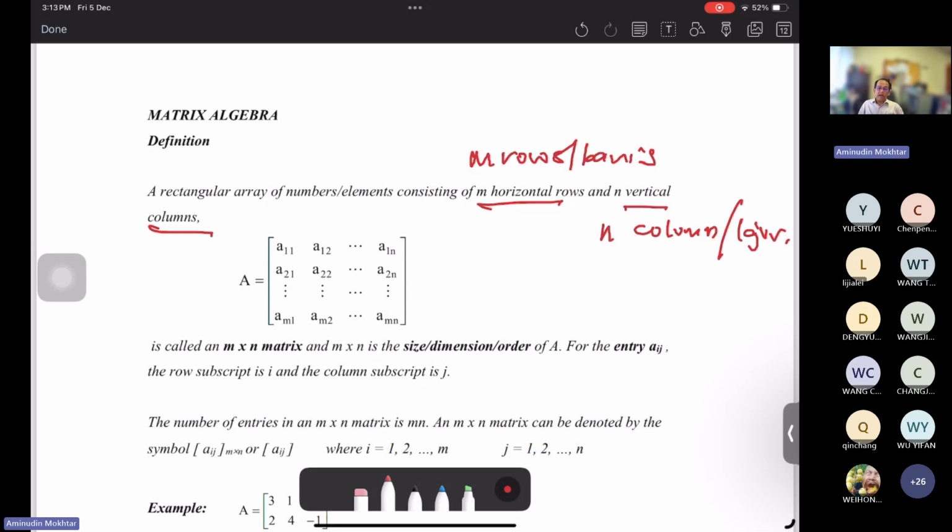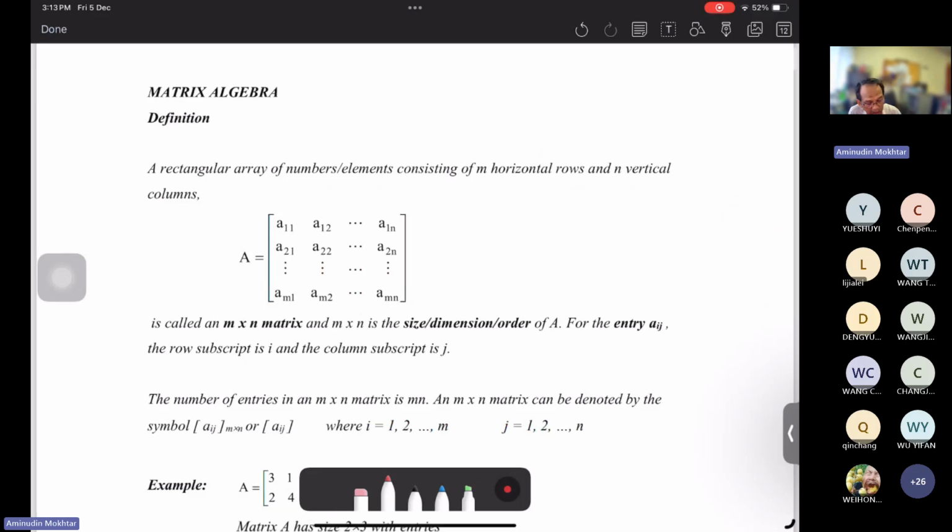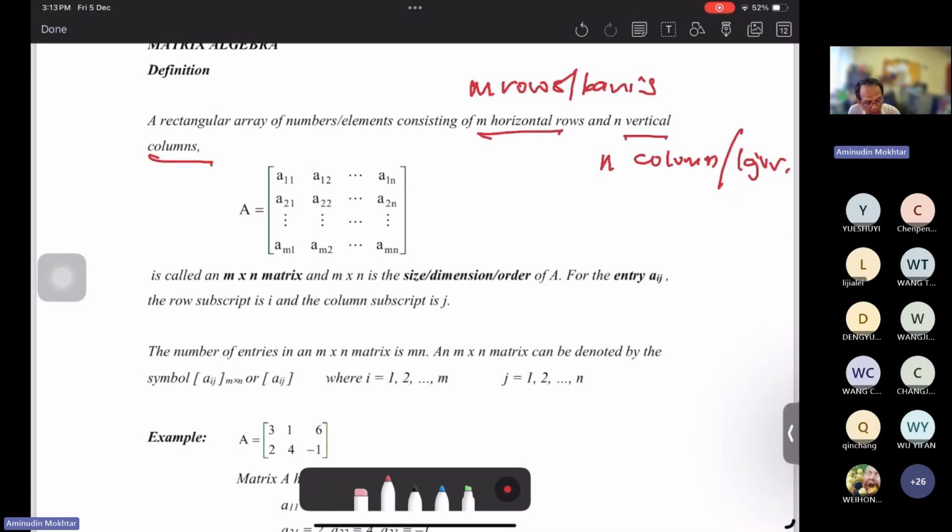So let's say we have this example of matrix. Normally, when we draw a matrix, we can write like this: matrix A equal to an open and close bracket. We write the elements of the matrix in a bracket. Matrix A is called M times N. That is the size of the matrix, the order of the matrix, the size of matrix A, the order of matrix A, M times N matrix.